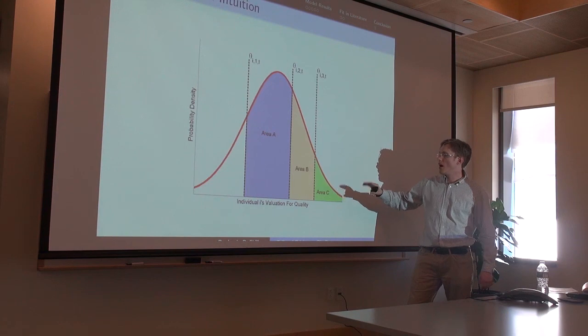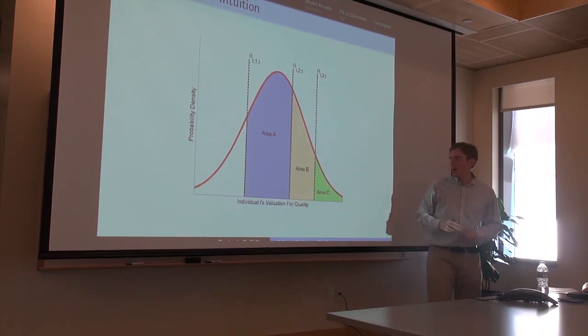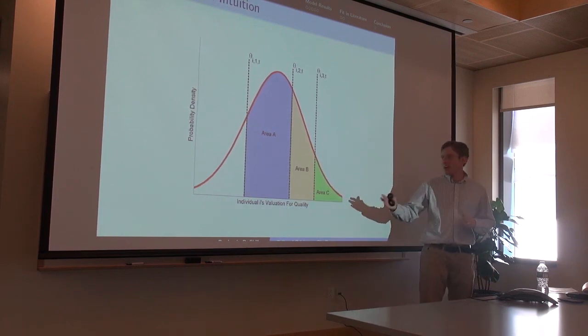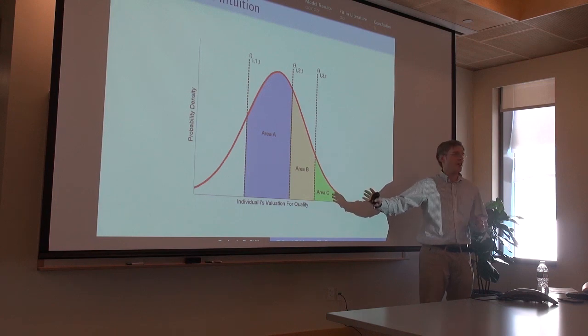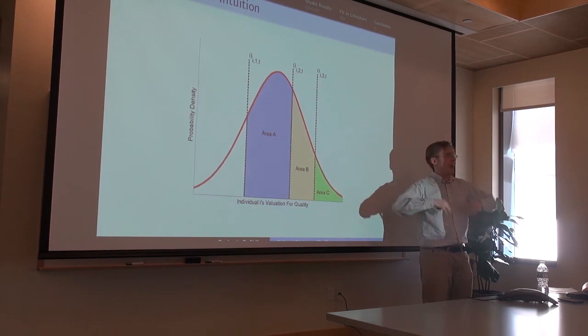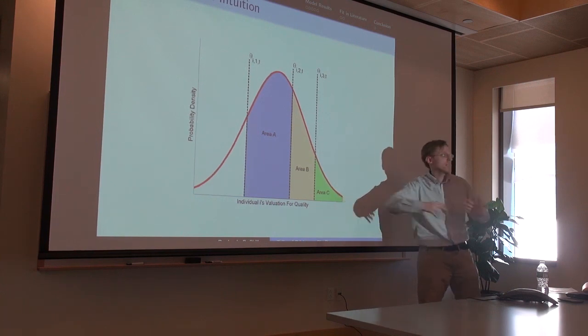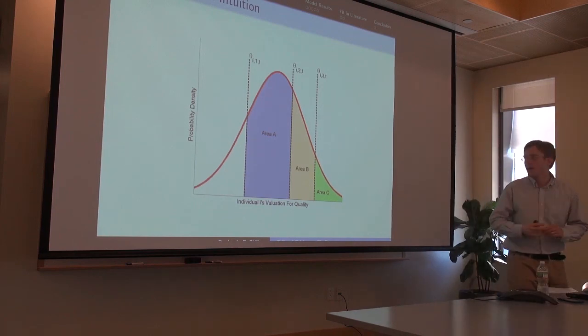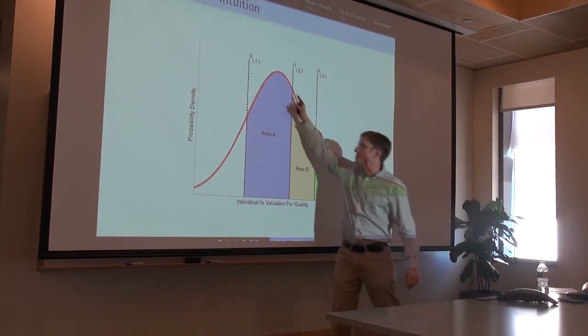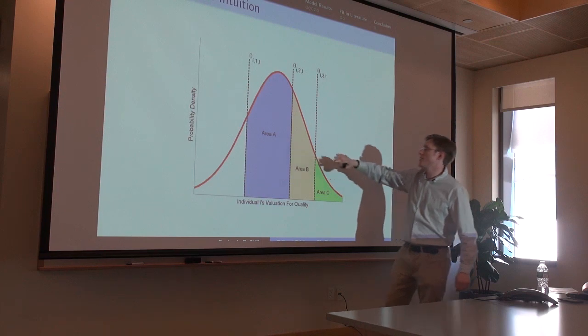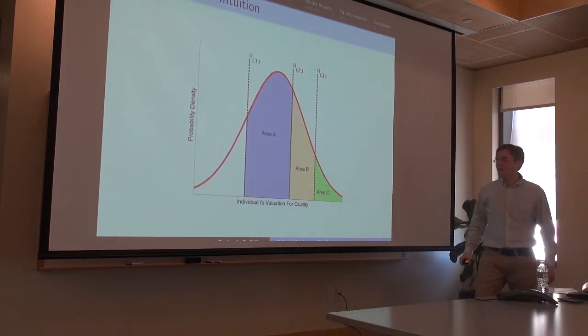On the x-axis here, it's not actually the individual's valuation for quality. It's actually the error in my estimate of the person's valuation for, here it's labeled as quality, but it's DVDs by mail. And this red line gives the probability density function of that error term.